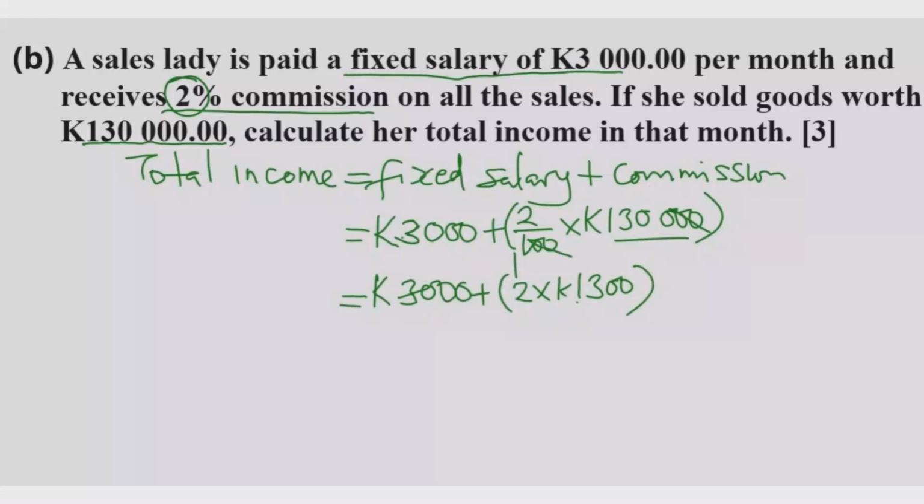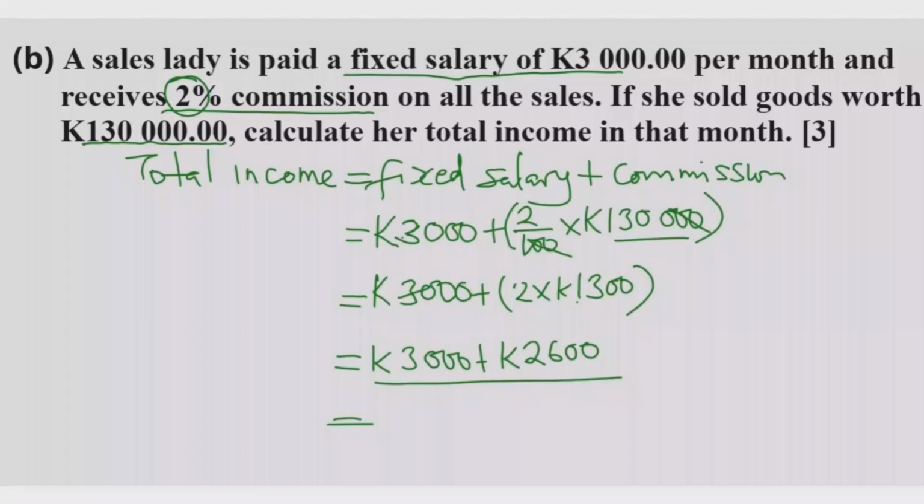1,300 kwacha. So 2 times 1,300 kwacha. Please don't get mixed up with this one here. Okay, so we write 3,000, which is the fixed salary, then plus 2 times 1,300 will give us 2,600 kwacha.